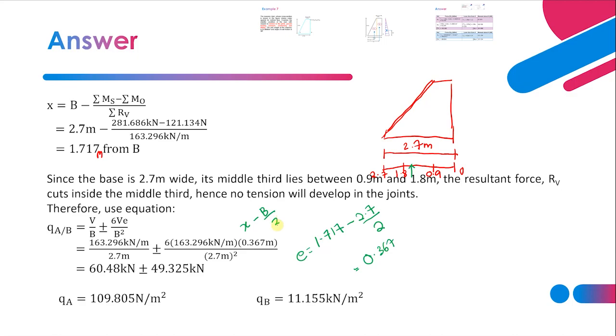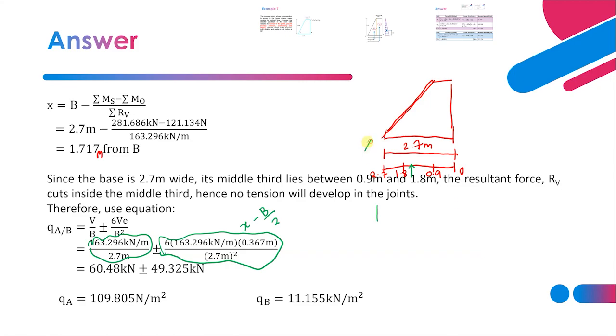And then divide by B square. When you calculate this, 60.48 is the calculation for this part. Better you calculate like this, separately. Okay, so plus, you calculate for QA. If you minus, you subtract this value, you will calculate QB, the distribution of bearing pressure, actually the ground pressure.